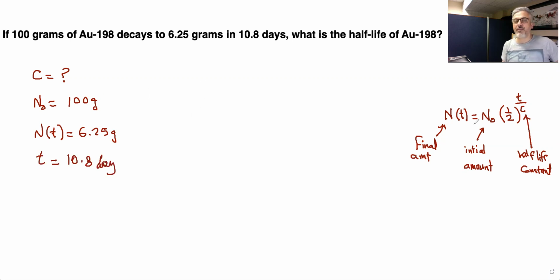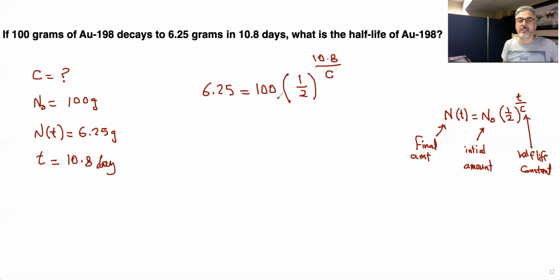We're just going to fill in this formula again. N of T is 6.25 grams equals the initial amount, 100 grams, times half, sorry, times half to the power of T, which is 10.8, over C, what we're looking for.